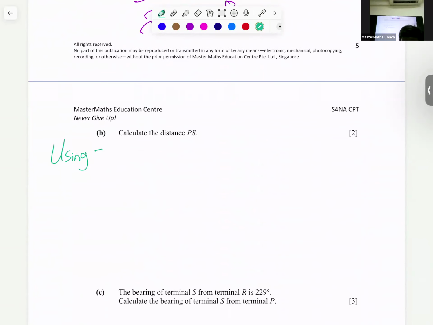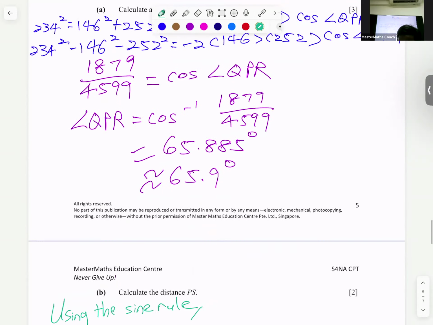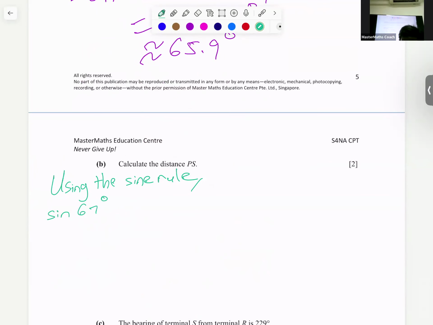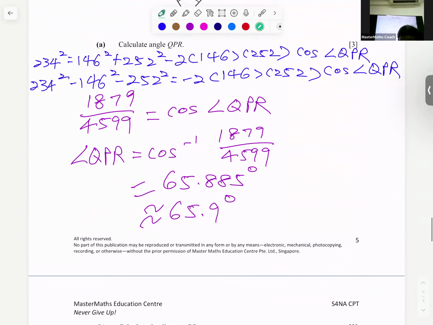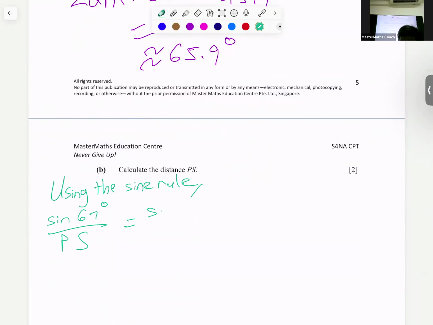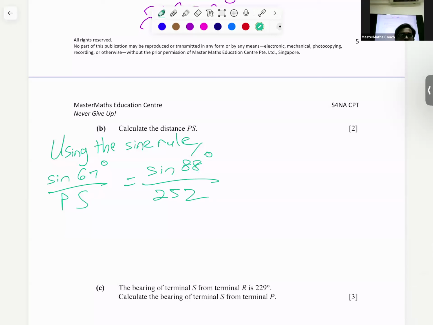So using the sine rule, sine of 67 degrees over PS equals sine of 88 degrees over 252.